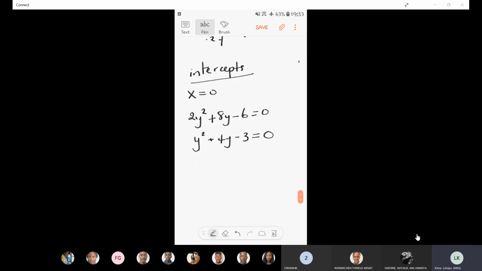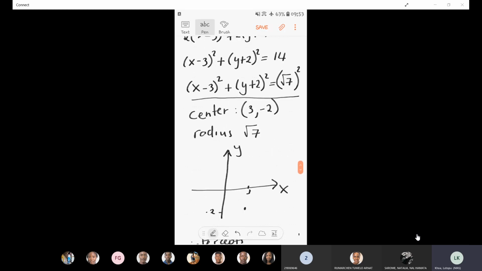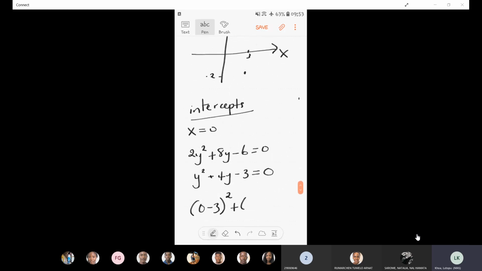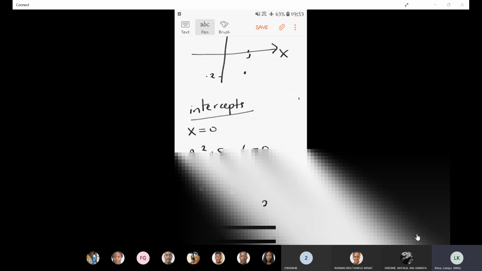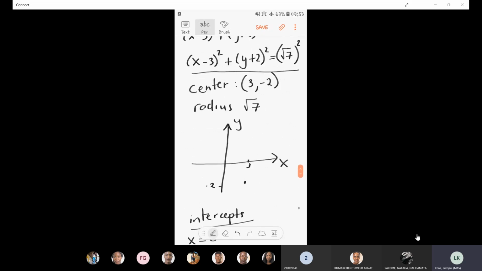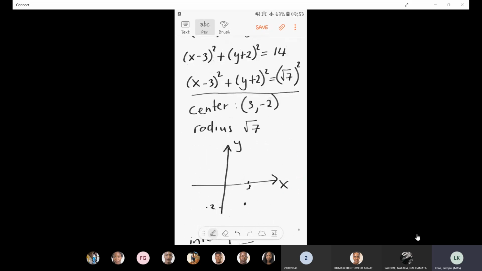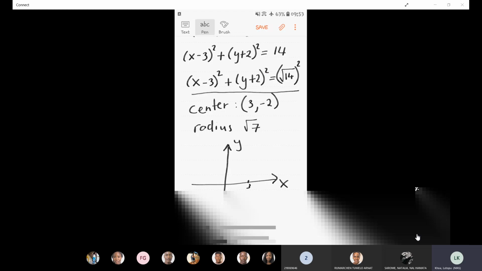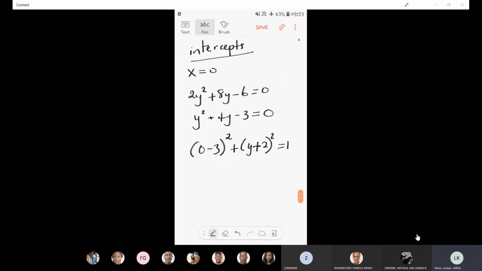So I have 0 minus 3 squared plus y plus 2 squared, and this is equal to the square root of 14 squared, which is just 14.